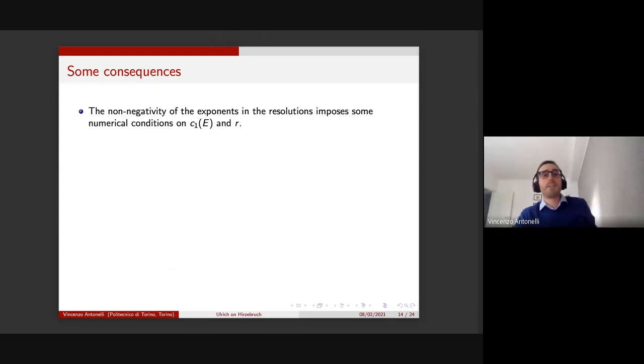Okay, let's say something more, because another important point is that the non-negativity of the exponents in the resolution imposes some conditions on the first Chern class and on the rank. So let's say that you fix the Hirzebruch surface and you fix the polarization, then the exponents only depend on the first Chern class and on the rank. And as soon as you require them to be non-negative, you obtain some conditions.